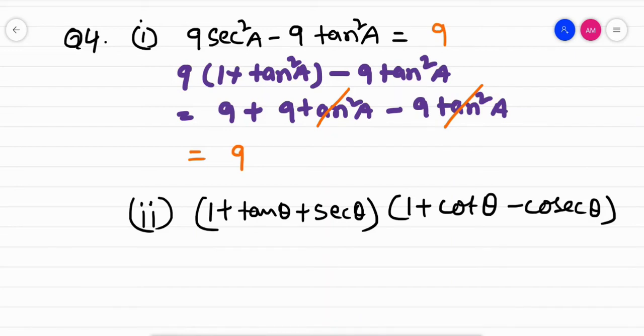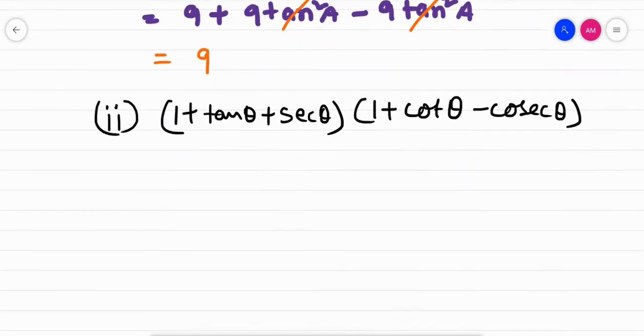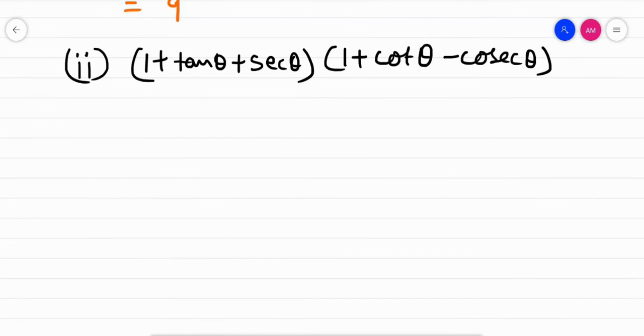Now let us see what is the next question. Your next question is (1 plus tan theta plus sec theta) into (1 plus cot theta minus cosec theta). You have to evaluate and find out what is the value. Here the best way is you change tan theta, sec theta, split it. Tan theta will be equal to sine by cos and sec will be equal to 1 by cos.